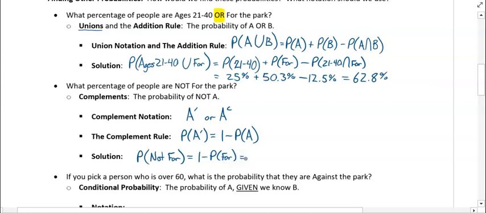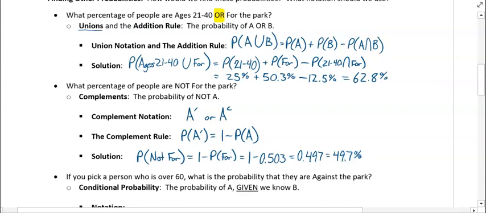Well, again, we found the probability that they're for the park as 0.503 or 50.3%. So if we subtract that, that's going to give us 0.497 or 49.7% who are not for the park.